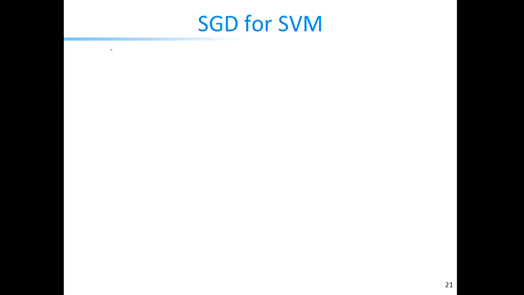The problem that we want to optimize is we want to find w hat in the argmin of the sum over i equals 1 to n, with 1 over n here, of max of 0, comma 1 minus y_i w transpose x_i, plus lambda times the squared 2-norm of w. This is an optimization problem.